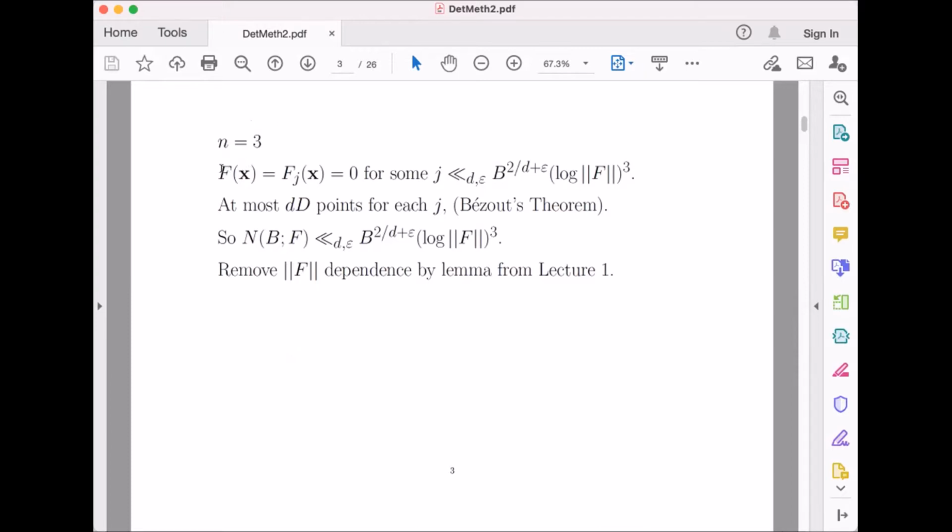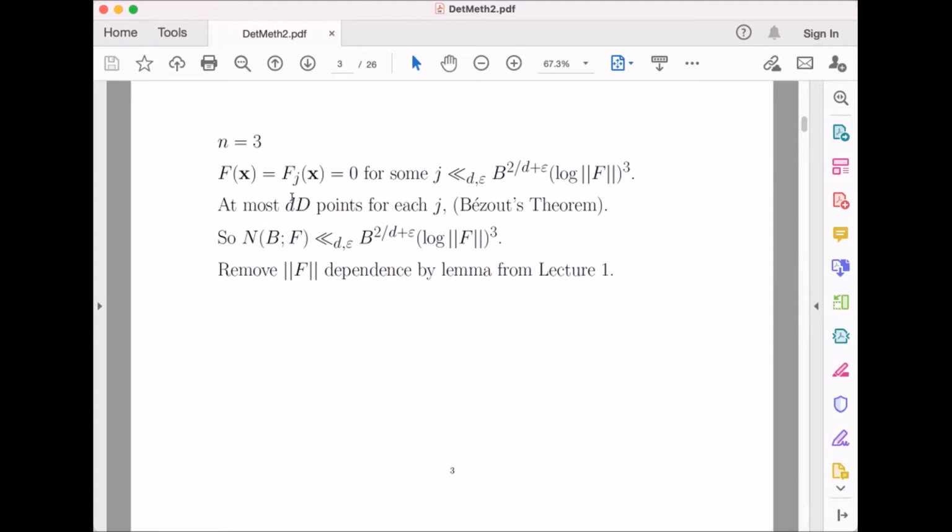Now, the points, therefore, that we're interested in not only satisfy f(x) equals 0, they satisfy fj equals 0 for some j. And so we have points that lie on the intersection of two curves. f equals 0 has degree little d, fj equals 0 has degree at most capital D, and so by Bezout's theorem, the intersection of these two has at most d times capital D points for each of the possible values of j.